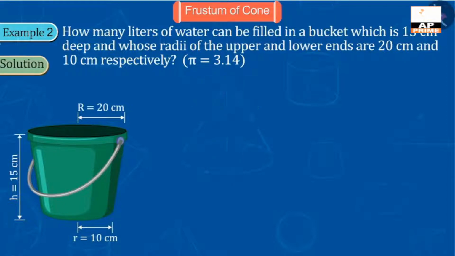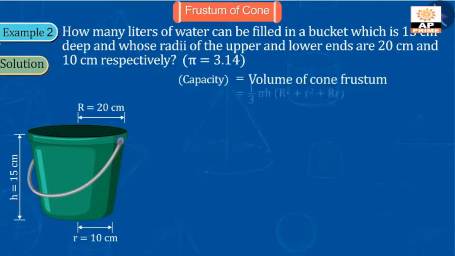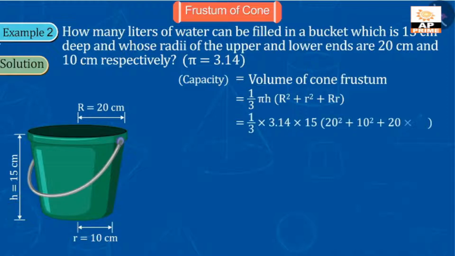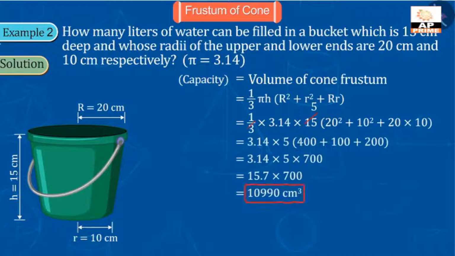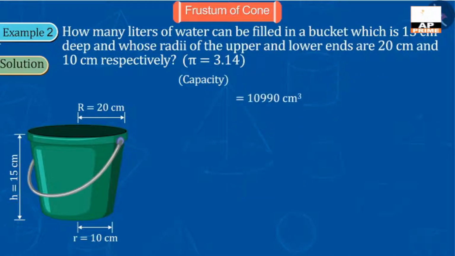So, can you tell how much water can be filled in this bucket? For this, we have to determine the capacity of the bucket, for which the formula of volume of frustum of the cone will be used. Solving by substituting all the values, the capacity of the bucket is found as 10,990 cubic centimeters.